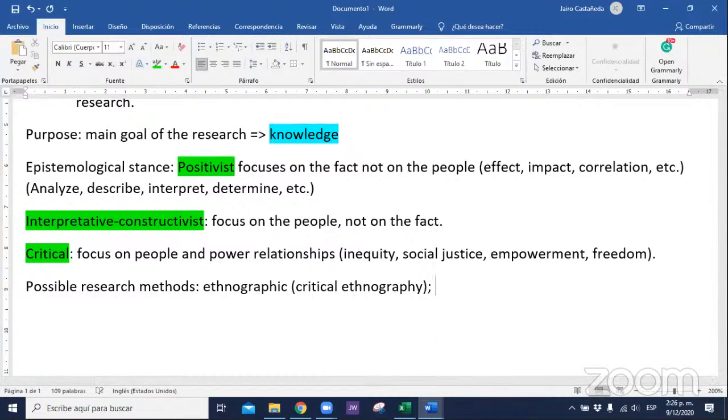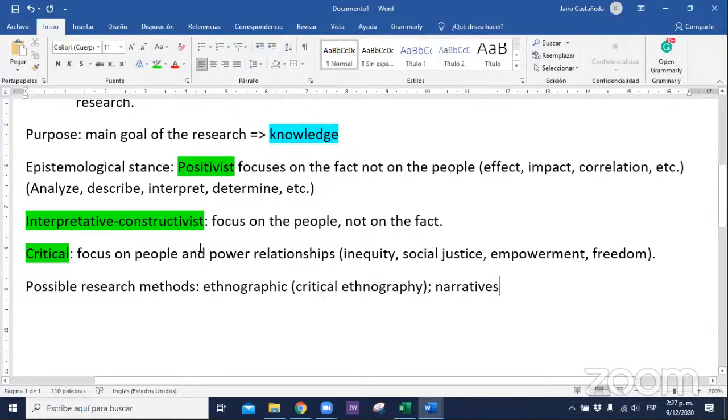Imagine that you want to do this research based on narratives. Narratives also belong to the interpretative constructivism or the critical stance. If you want to do narratives from the interpretative constructivism, the only thing that you have to do is listen to people and write the stories. Remember that the focus of narratives is stories, and from the stories you describe, interpret, or analyze the phenomena.